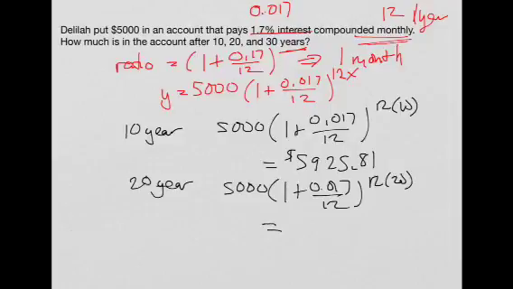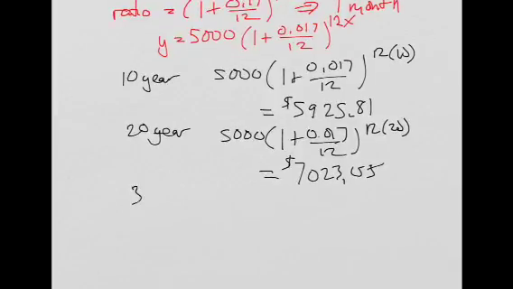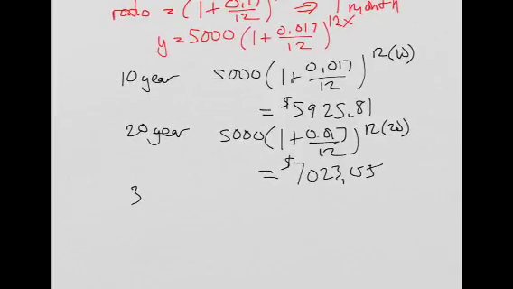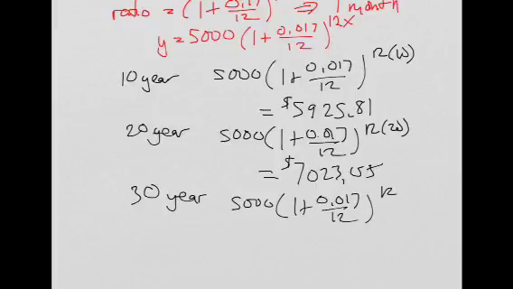And that's going to be $7,023.05. After 30 years, we get 5,000 times 1 plus 0.017 over 12 to the 12 times 30, which will give me $8,323.45.